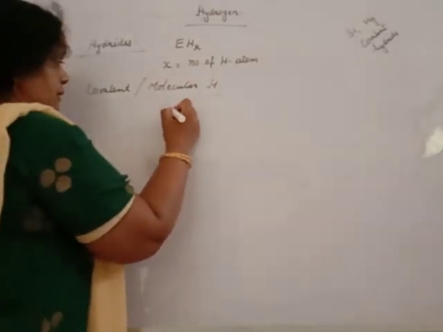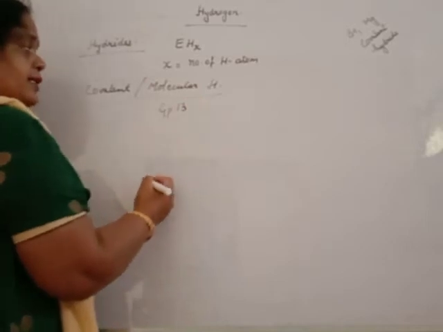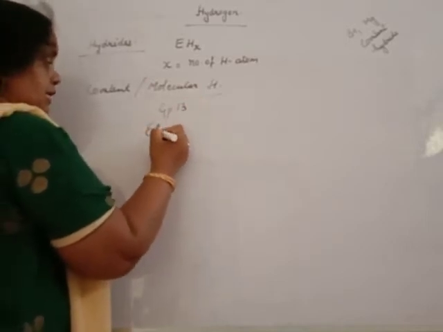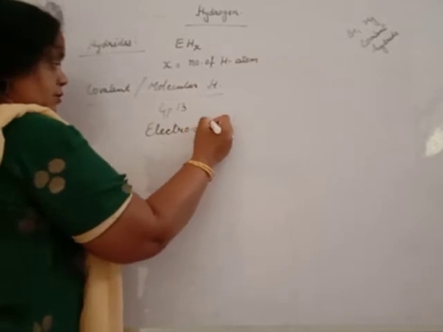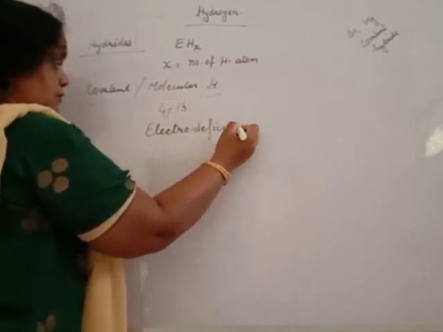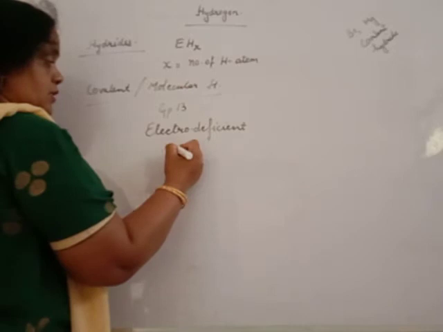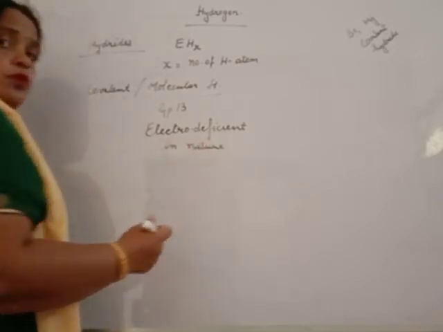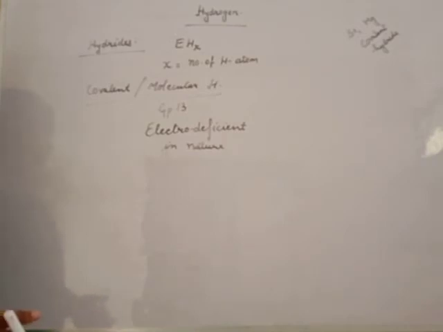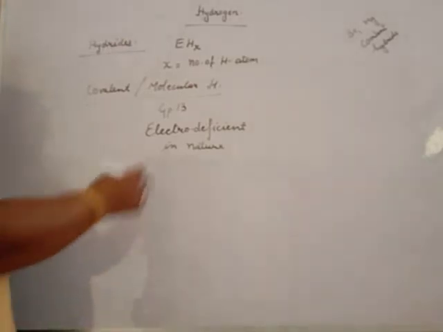Group 13 elements form hydrides known as electron deficient in nature, because after the formation of hydride, their valency is not complete. The central atom does not complete its octet.